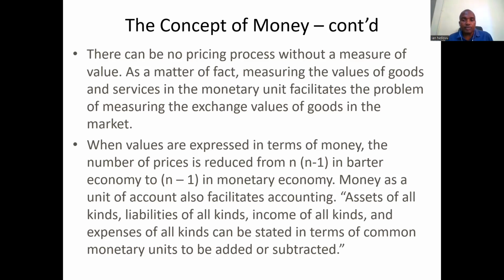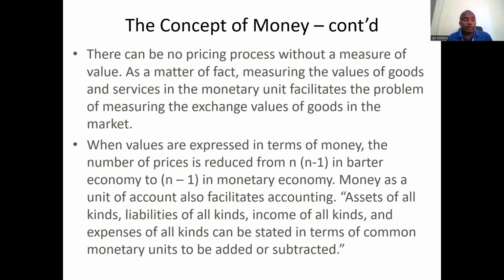When values are expressed in terms of money, the number of prices is reduced from a factor of n(n-1)/2 in barter trade, or in a barter economy, to n-1 in a monetary economy. Money as a unit of account also facilitates accounting, the whole field of accounting and finance.